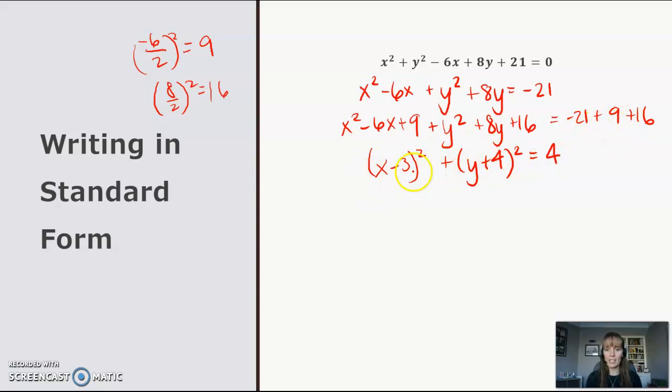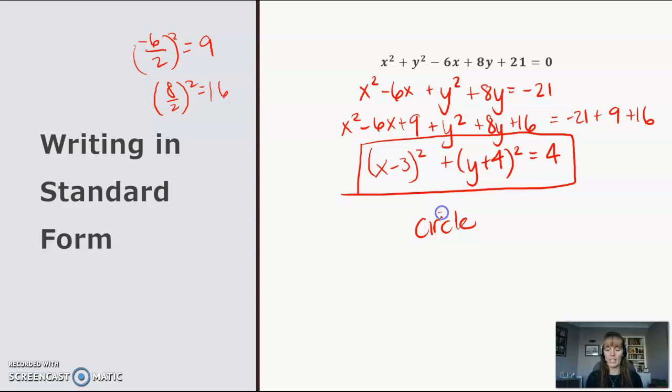And here, because I have the same numbers being multiplied to x and y, both of them are being multiplied by 1, this would be an example of a circle. So this here is standard form of a circle. We don't divide out that radius number, okay, but we can identify that function there as a circle.